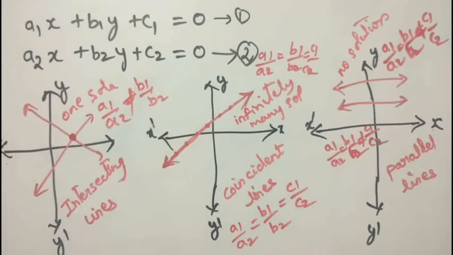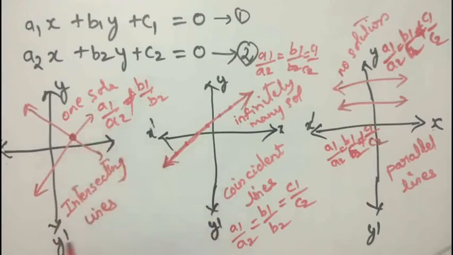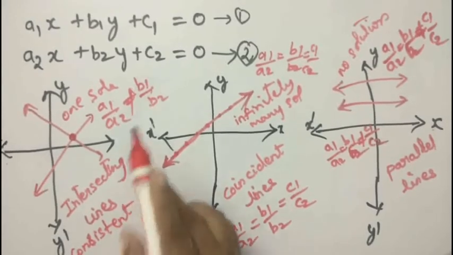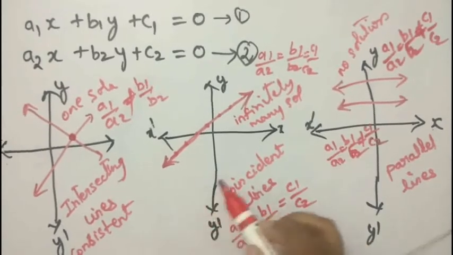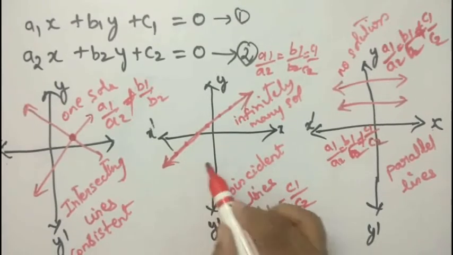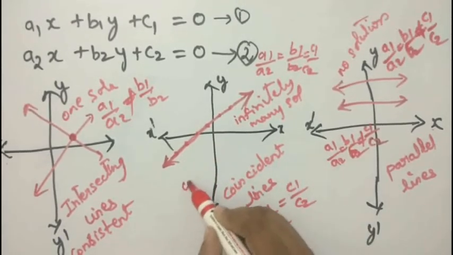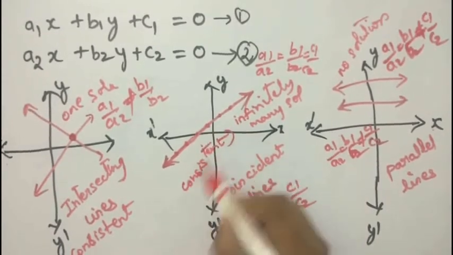Understood? Next, when they are intersecting lines, these two lines have one solution, so they are said to be a consistent pair of lines. In case of coincident lines, they have solutions, so they are consistent but they are dependent.